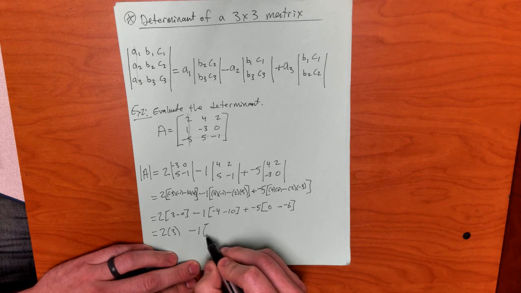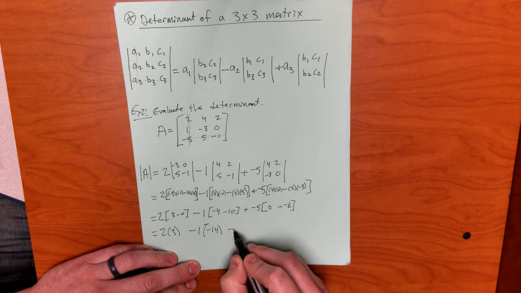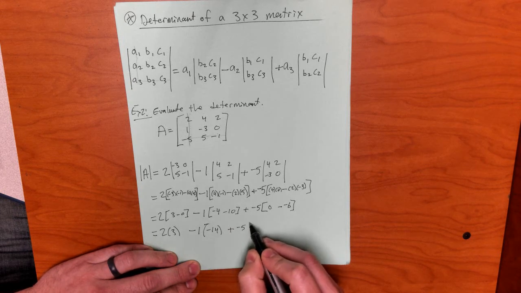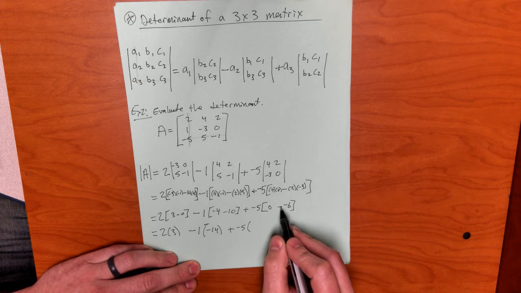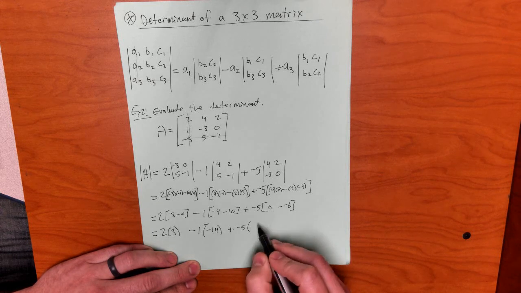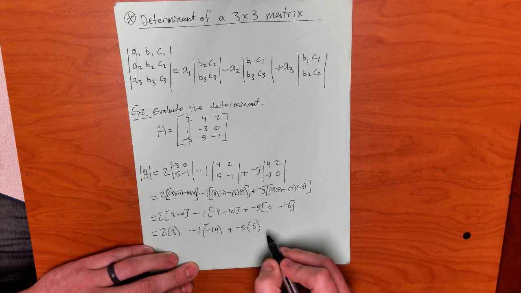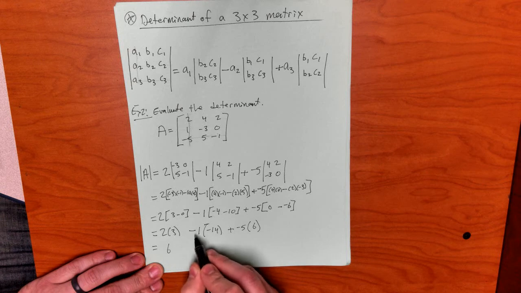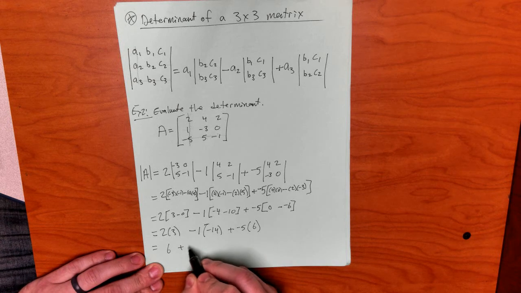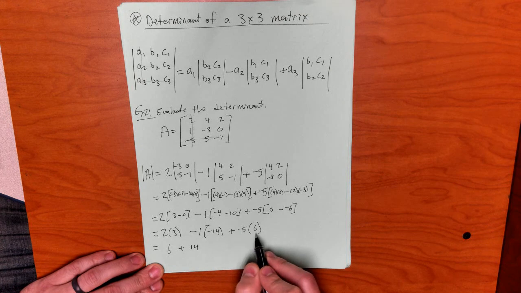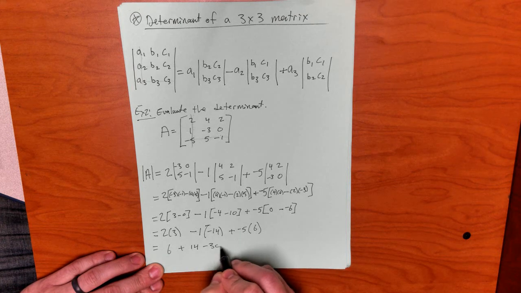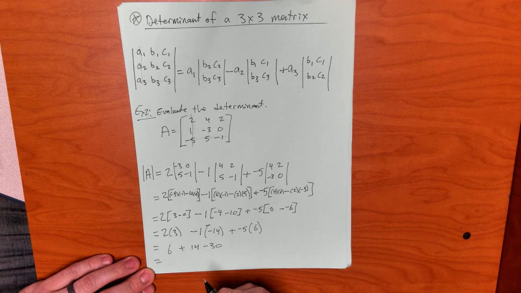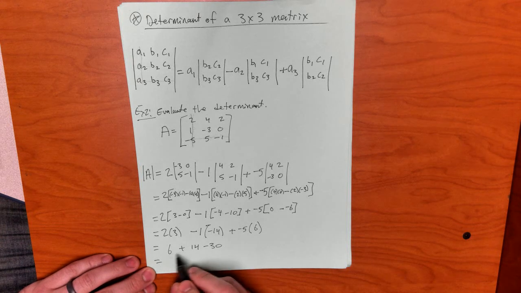This is times negative 14 inside, and then plus this minus 5 times, this becomes a negative times a negative is a positive, so 0 plus 6 is 6. And then we're on our way. This is 6. Then negative 1 times negative 14 is a plus 14. Negative 5 times 6 is a minus 30. All right, and that will equal, this is 20 minus 30, so that gets you negative 10.